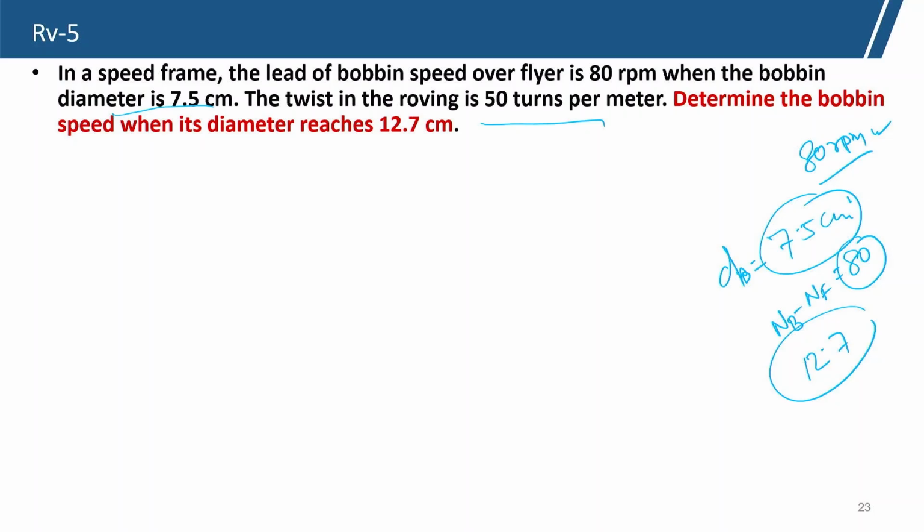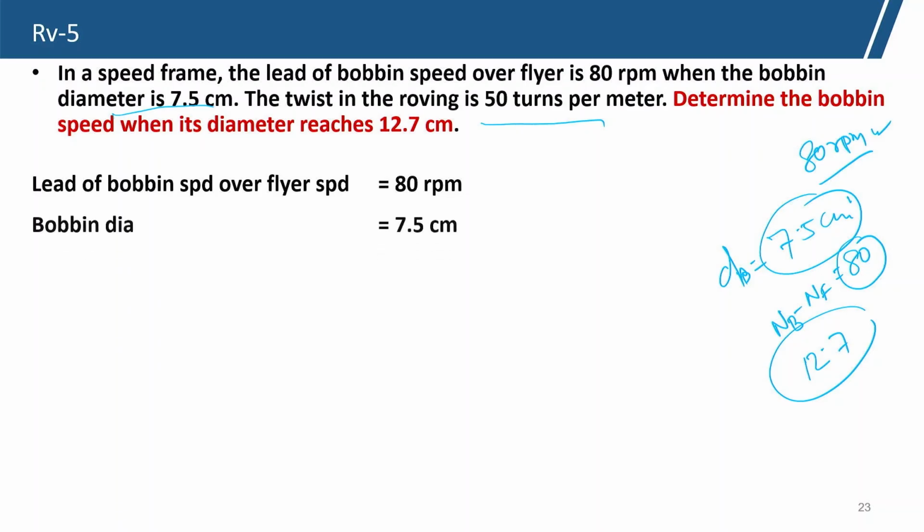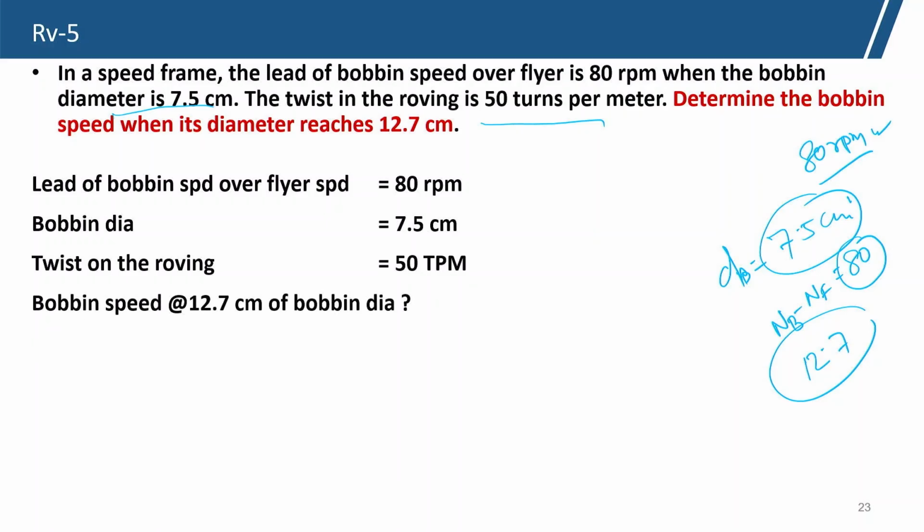From the earlier given data, the lead of bobbin speed over flyer speed is 80 rpm, that means NB minus NF is 80, at bobbin diameter 7.5. The twist in roving is 50 twists per meter, and the bobbin speed is asked at 12.7 centimeter of bobbin diameter.